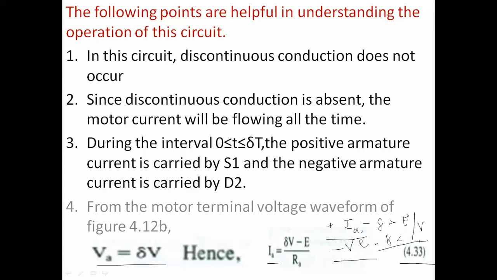For a given value of delta, the ripple in the armature current is given by the equation. If you observe the 14th equation, it gives the ripple in the armature current. This equation shows that the ripple is independent of motor speed.